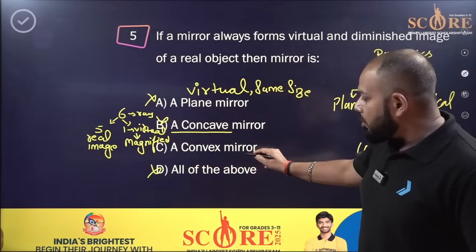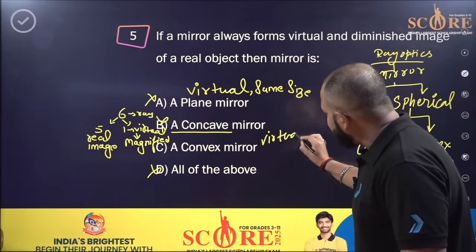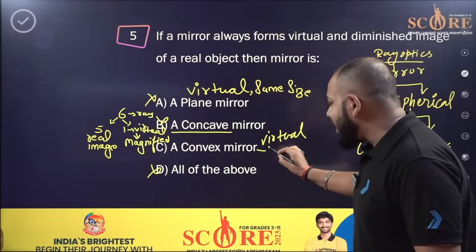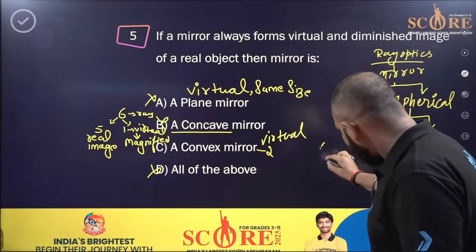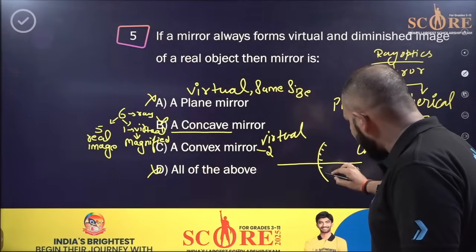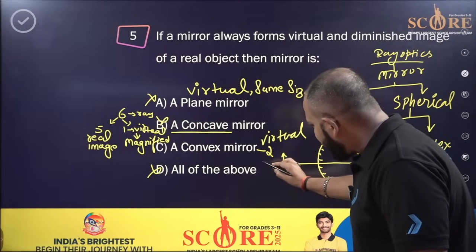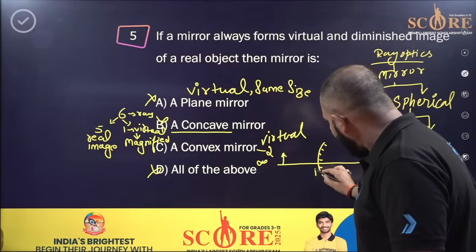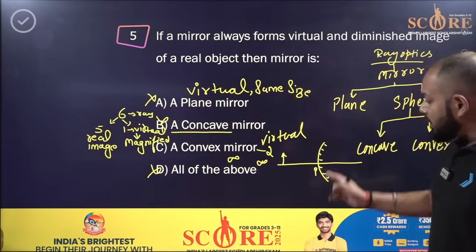Now let's talk about the convex mirror. Convex forms a virtual image, this we all know. And 2 ray diagrams are there for it. If this is the convex mirror and we place the object from this side, one object position you can keep is between infinity and pole, and another is at infinity only.